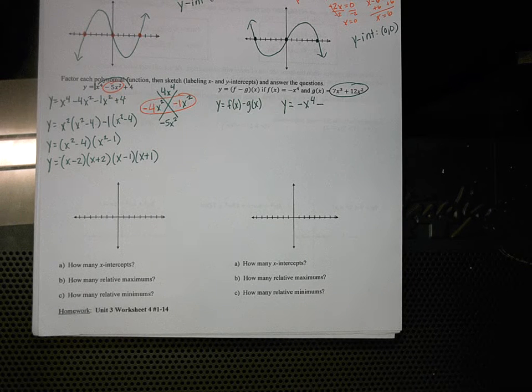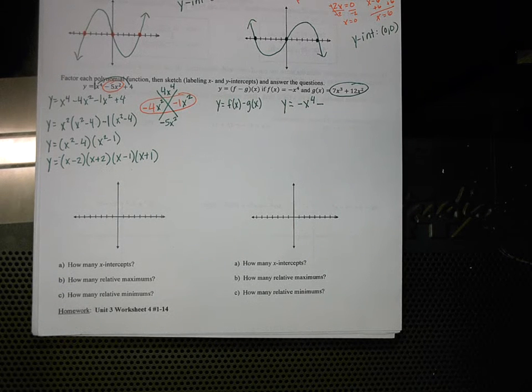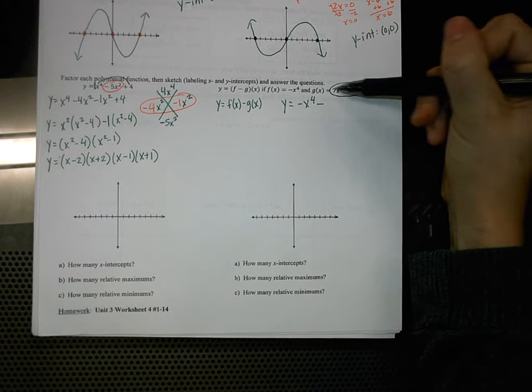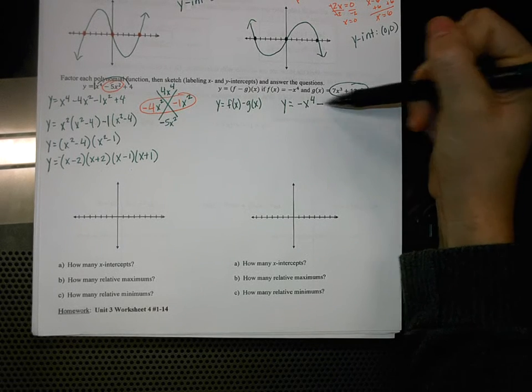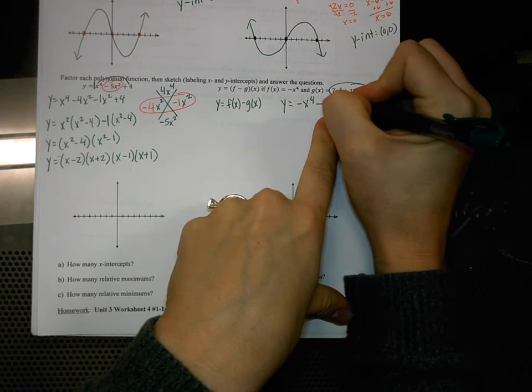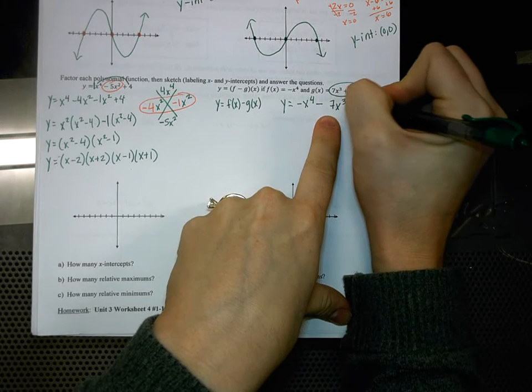Do I just subtract negative 7x to the 3rd? Do I subtract every term? Do I subtract it in parentheses? What do I do? If you just write this one next to the subtraction sign as 7x to the 3rd plus 12x squared, this will give you the wrong answer.